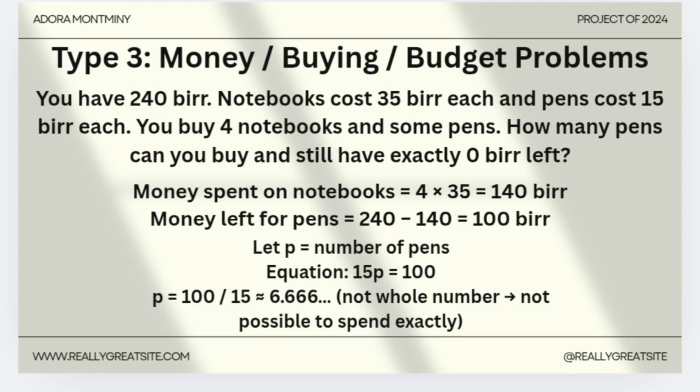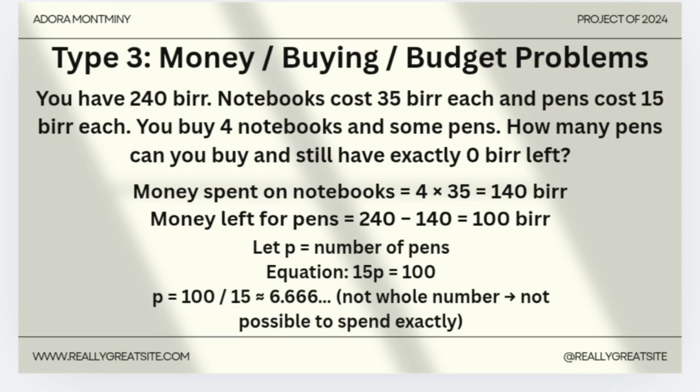Money spent on notebooks = 4 times 35 = 140 birr. Money left for pens: 240 - 140 = 100 birr. Let P represent the number of pens. Equation: 15P = 100.